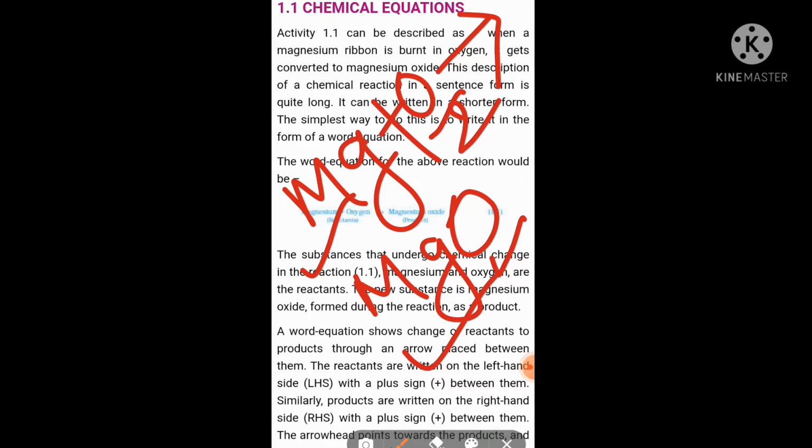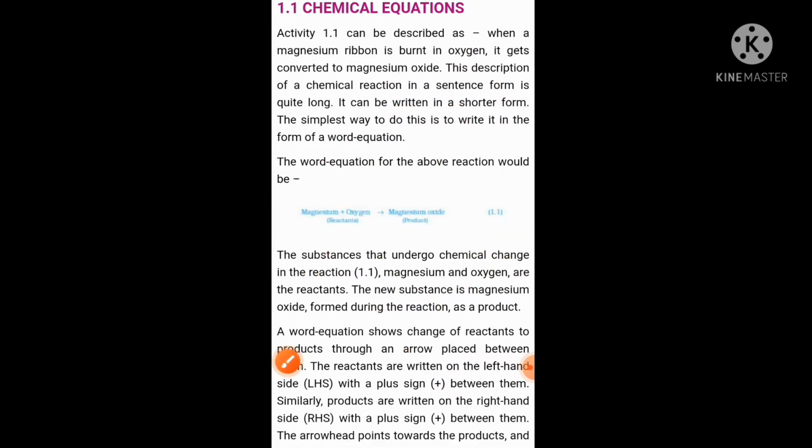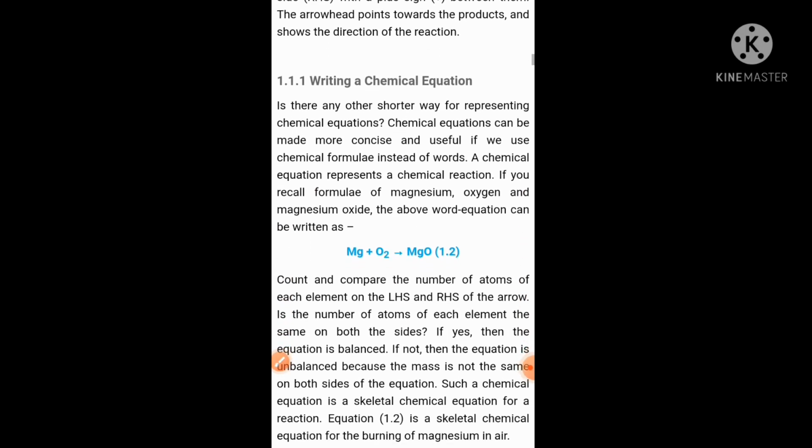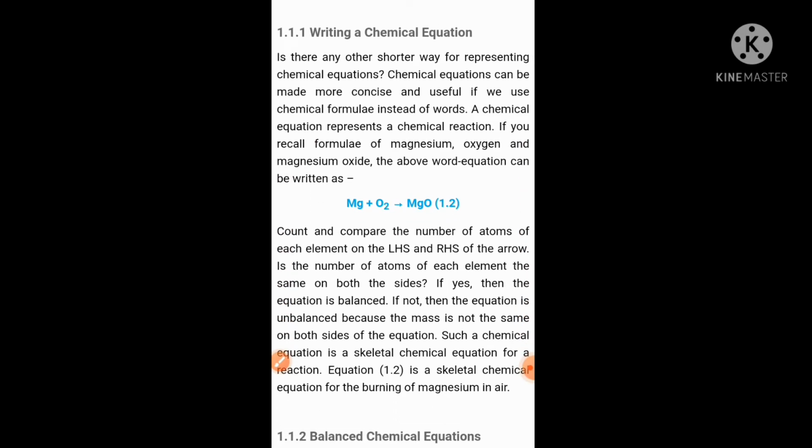Now see one question. Why do we balance a chemical equation? What is the need to balance a chemical equation? Is there any need to balance a chemical equation? Your answer is yes. Recall the law of conservation of mass that you studied in class 9.